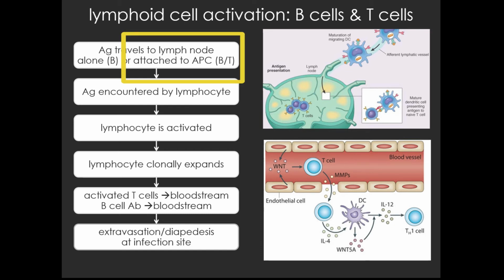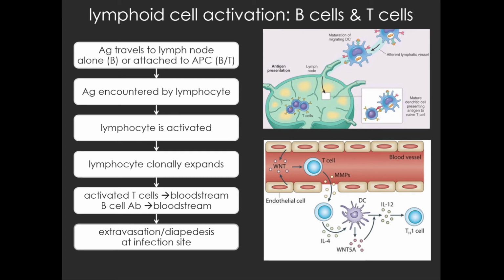With the T cell, this always has to happen with antigen presented to the T cell by an antigen presenting cell. So for instance, if you have a response to a virus, if that virus actually got to the lymph node, B cell could recognize that virus as a non-self antigen, bind it, respond to it, and become clonally activated.